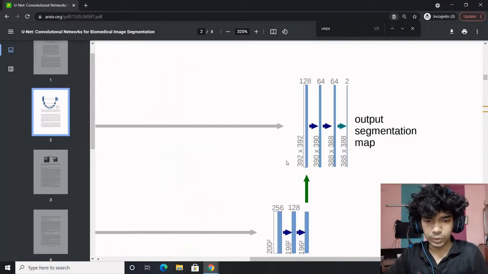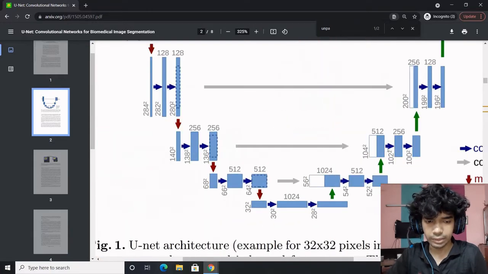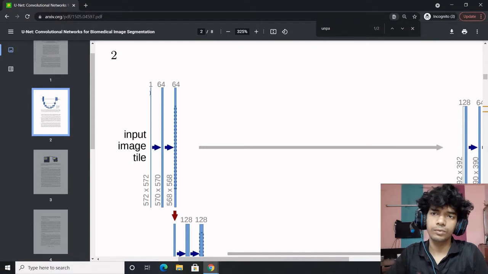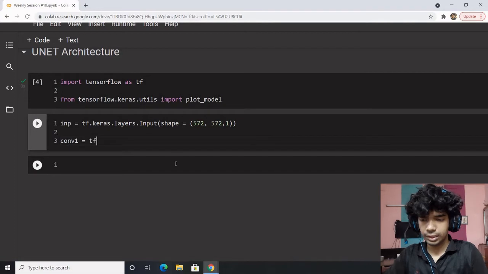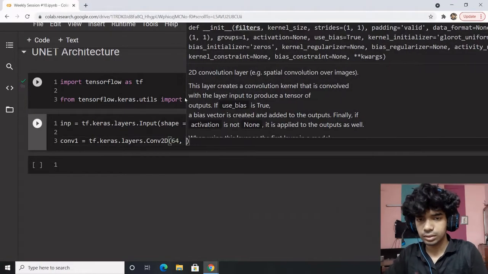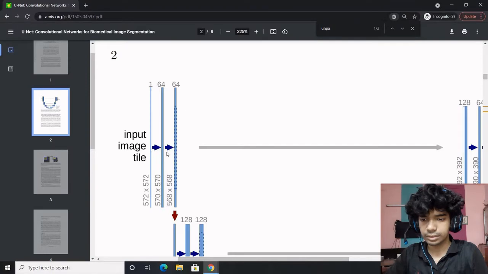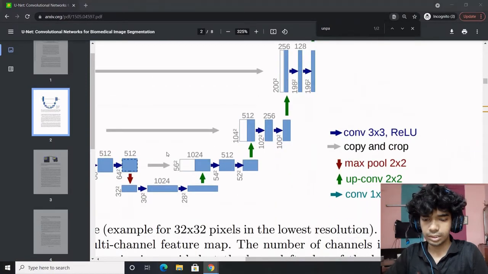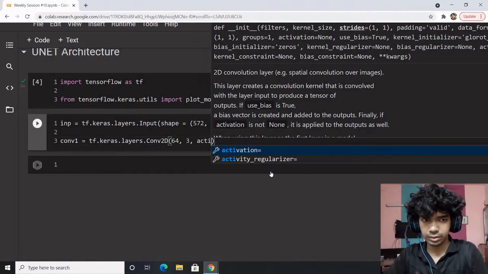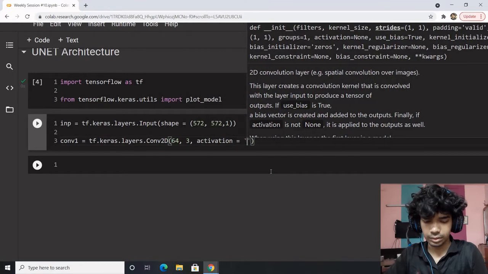Then we have this blue arrow. Blue arrow means convolution 3 cross 3 with ReLU. I would name this convolution 1. tf.keras.layers.Conv2D, 64 units, kernel size is 3, strides is 1, activation is ReLU.